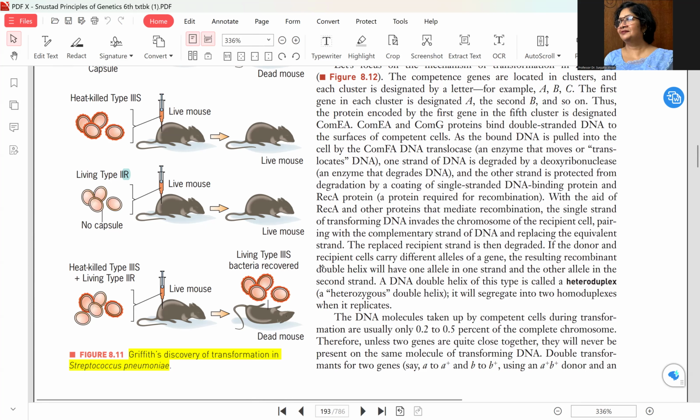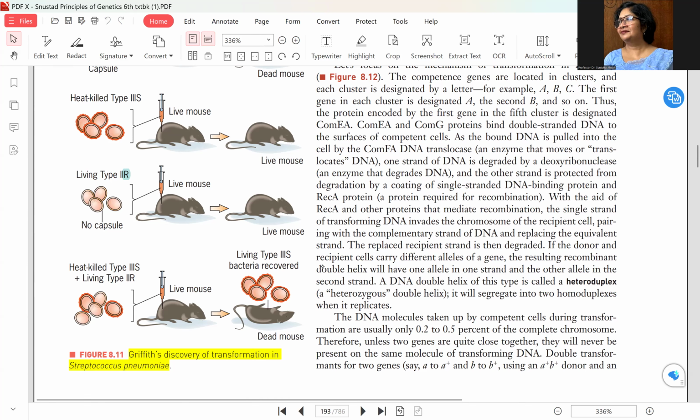But when bacterial cells were recovered from the blood of mice, they were found to be type 3S and not type 2S. So if type 2R cells underwent mutation, one would expect them to revert to type 2S and not type 3S.